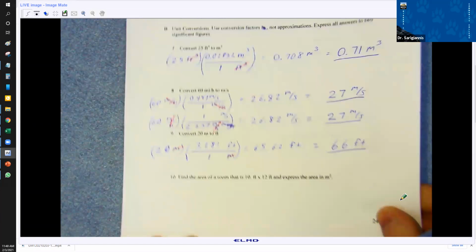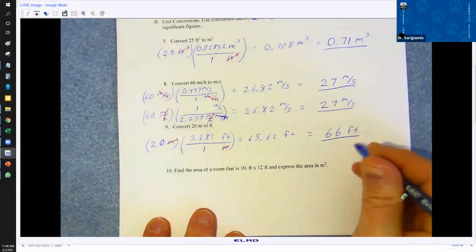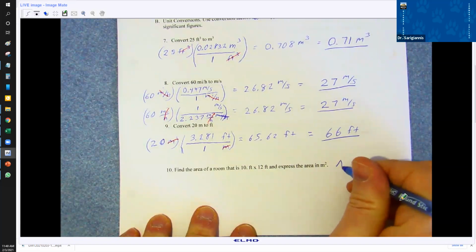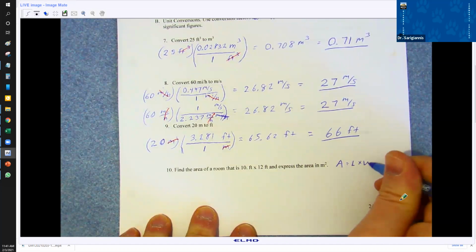Okay, the last one here. What's my conversion factor? Length. Now, this one is a little different. And I should have left myself a little more room. First of all, the area is just the length times the width.